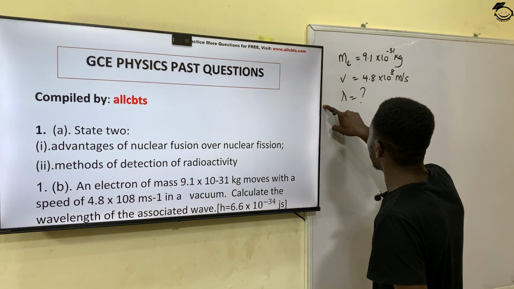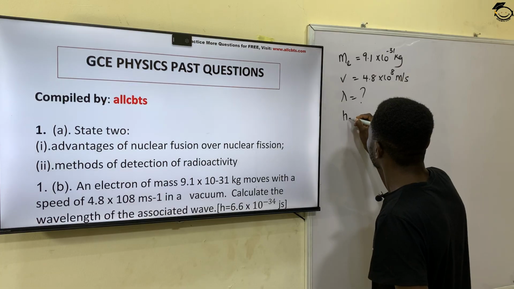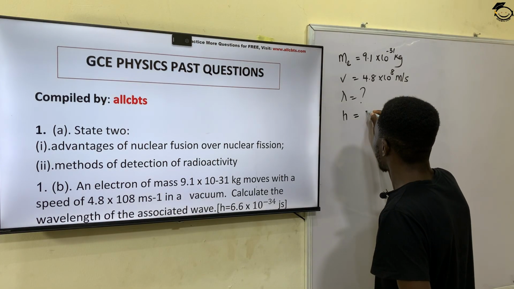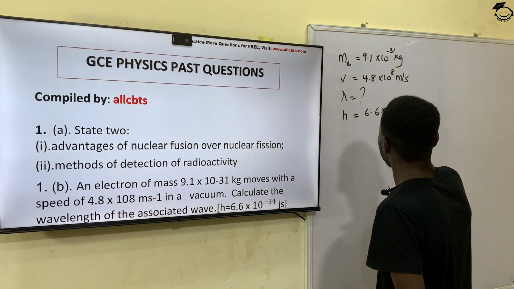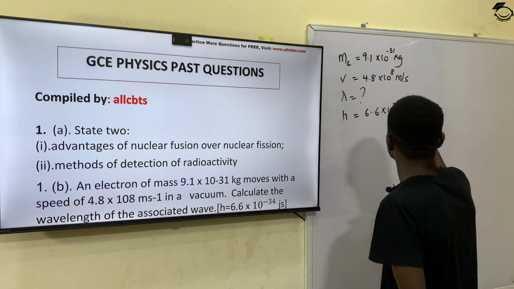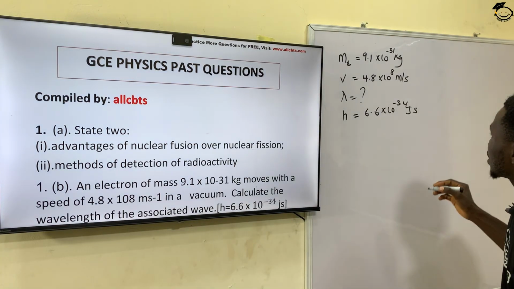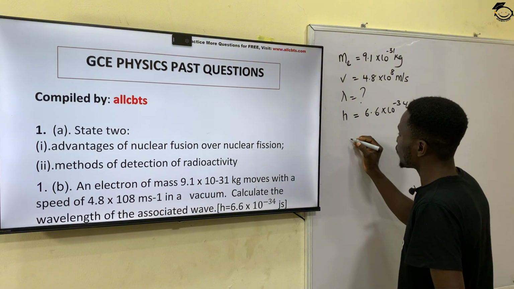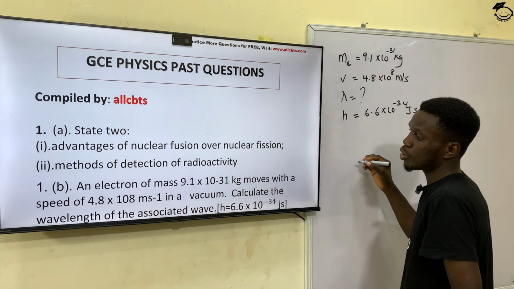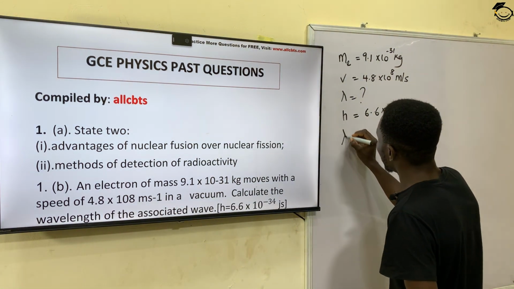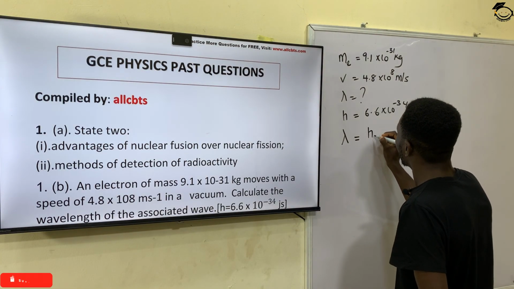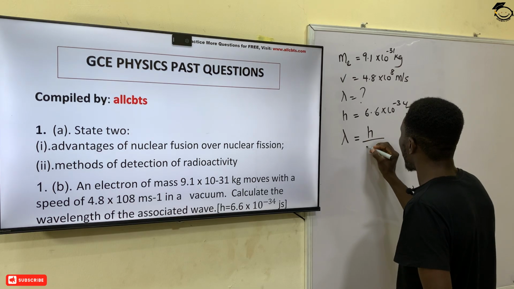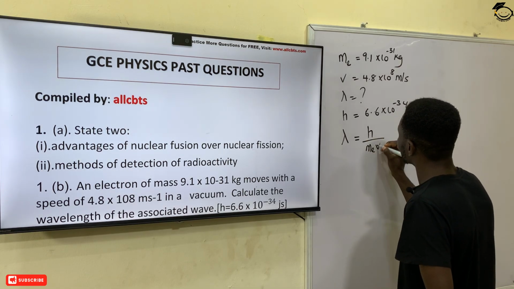Given that Planck's constant h is 6.6 times 10 raised to the power minus 34 joule seconds. So we have been given this, and we know that the formula for calculating this, according to de Broglie's equation, is that lambda, which is the wavelength, is equal to Planck's constant over mv.